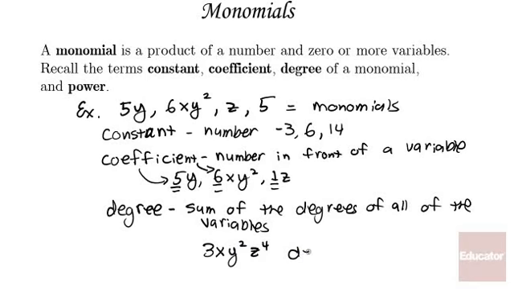So if I want to find the degree, I'm going to add the degree of each variable. This is x, but that really means x to the 1. The 1 is unstated, plus y squared, so the degree is 2, plus z to the 4th. So the degree is 4. So adding these up, the degree for this monomial is 7.